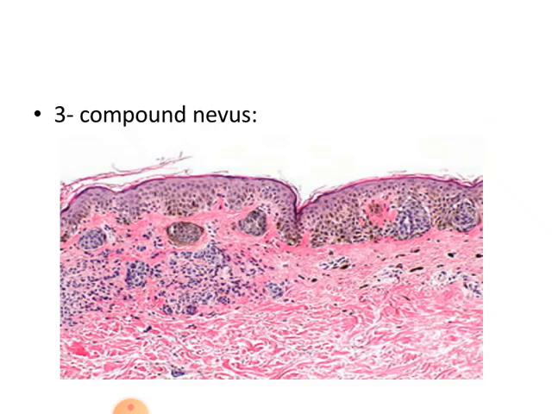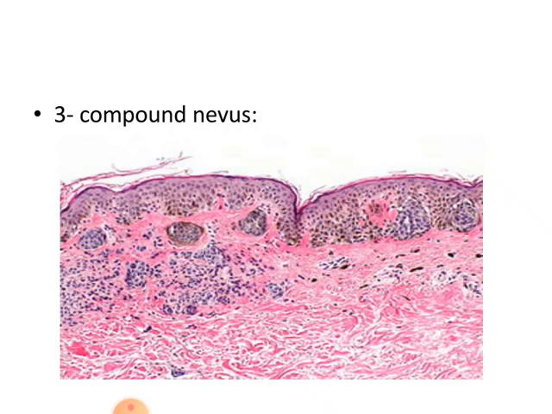The third type is the compound nevus. Compound nevus has the characteristics of both the simple and junctional nevus. As we see in this picture, the melanocytes, in brownish color, are present at the basal layer of the epidermis and in the papillary layer of the dermis.